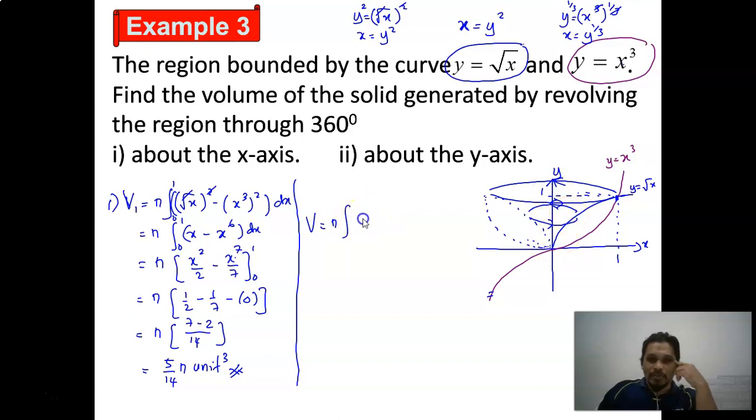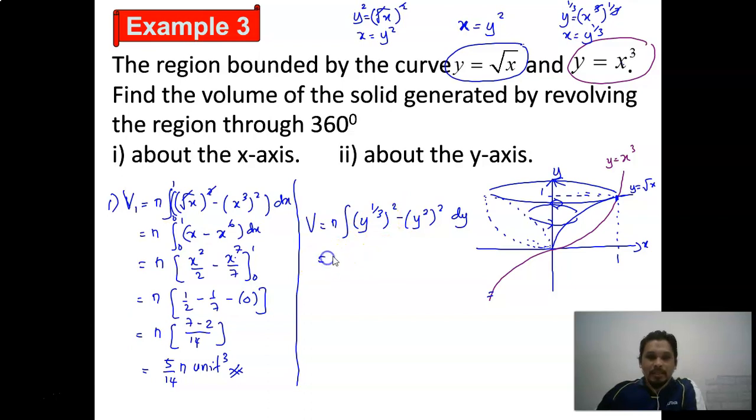So it is (y to the power of 1 over 3) squared minus y squared, dy.